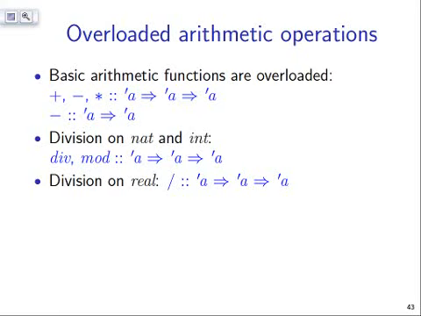And then there is a division on real numbers, and that is with a slash. Now, why haven't I written real here? Because that division is again overloaded, so it doesn't just work on reals, it also works on complex numbers and many other things, but it doesn't work on nat and int.